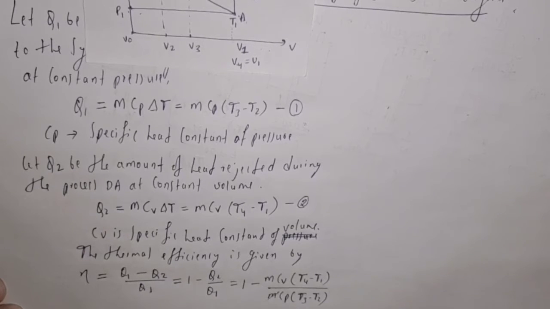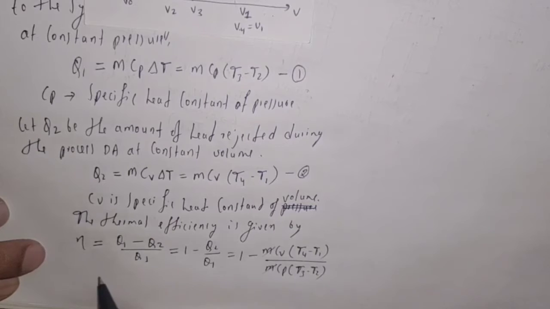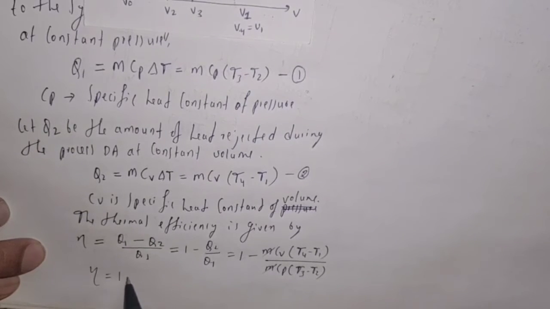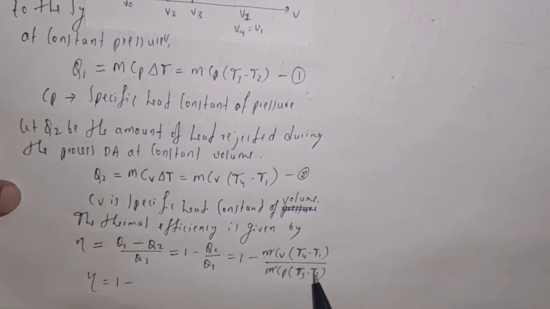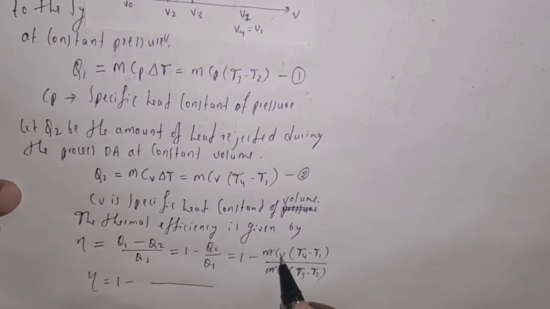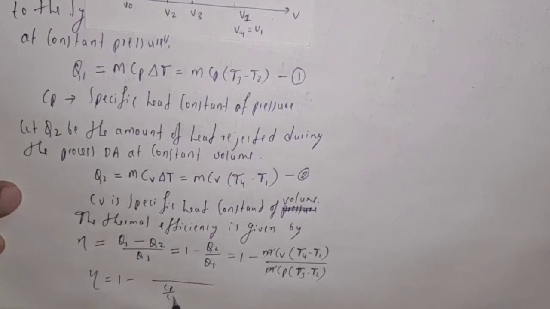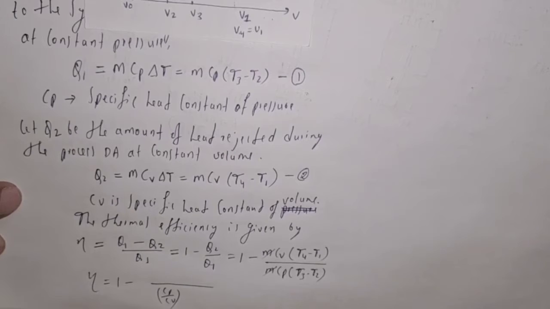Here m cancels out, and rearranging the terms, Cv in the numerator and Cp in the denominator gives 1 over gamma, where gamma is Cp by Cv.